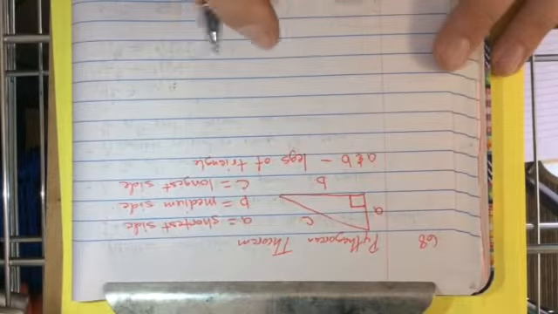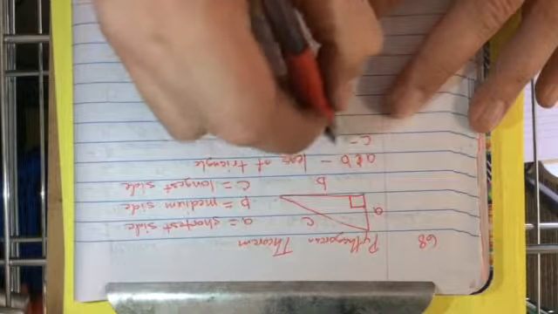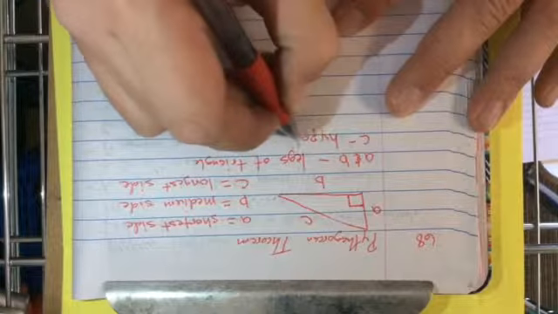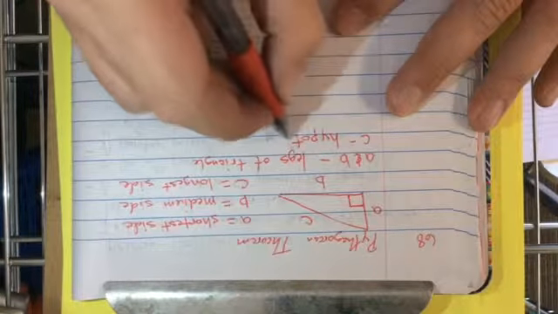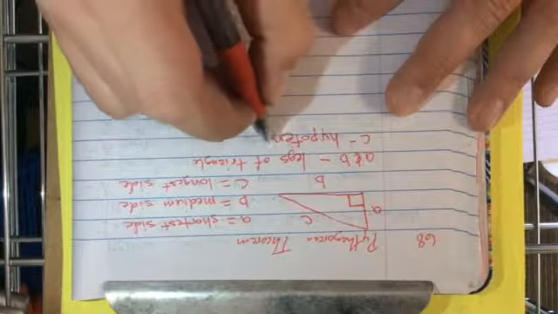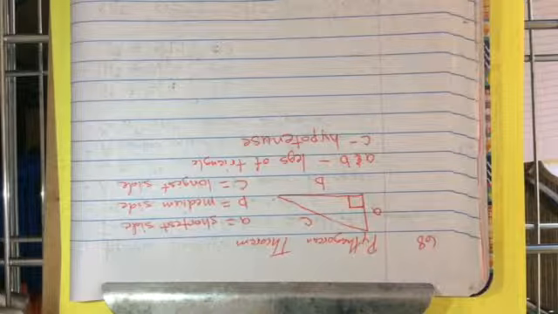And C is what we call the hypotenuse. So H-Y-P-O-T-E-N-U-S-E. The hypotenuse.